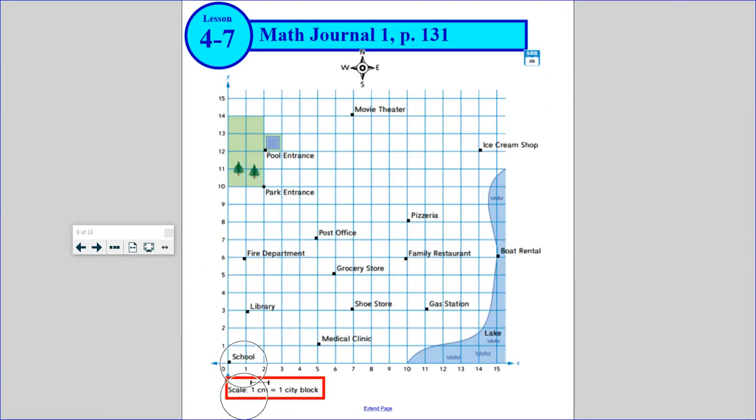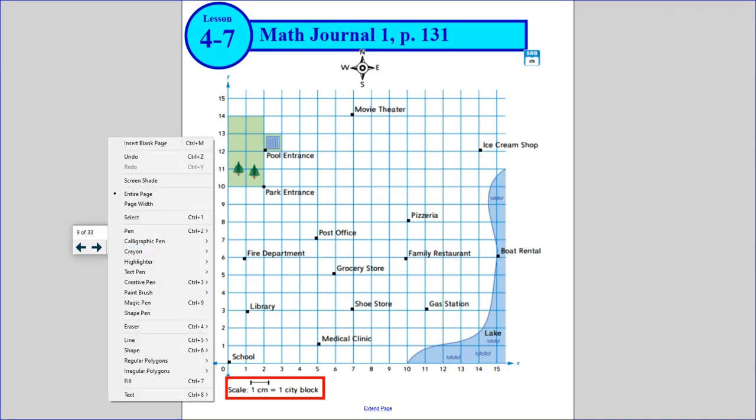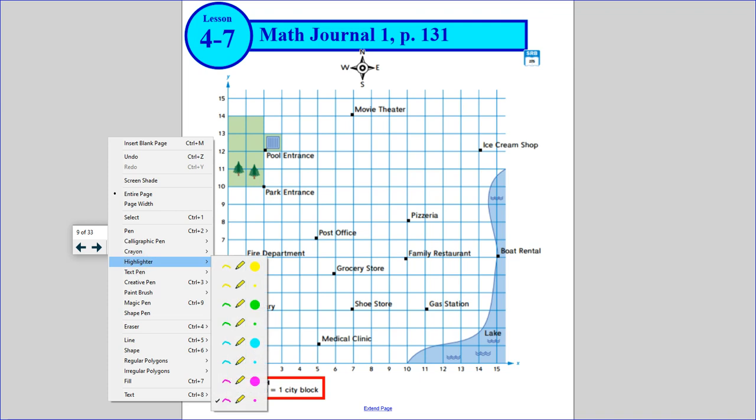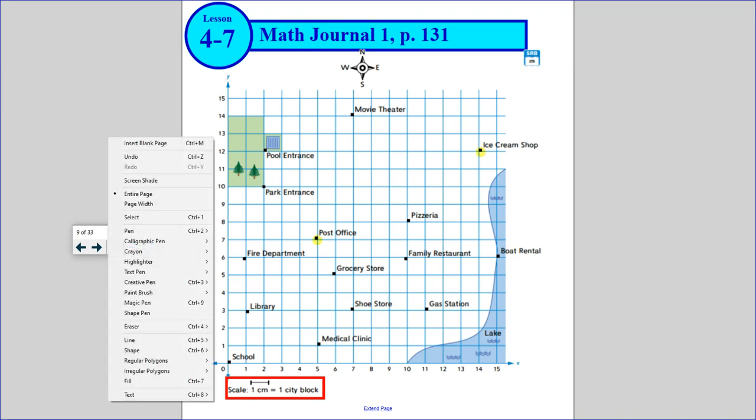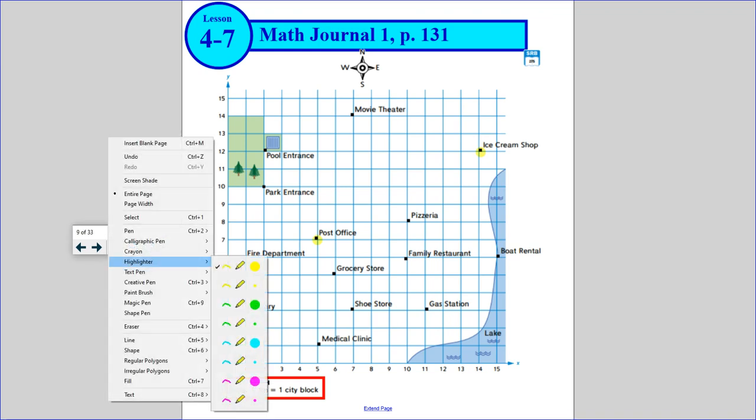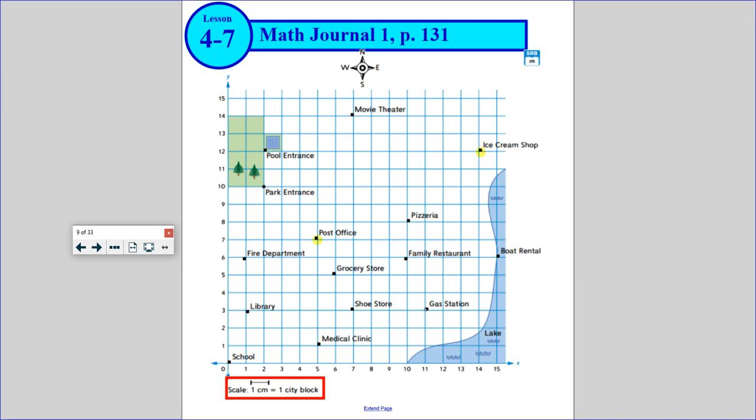Using this map here, you could find the distance between the post office and the ice cream shop. You could find the difference between the gas station and the park. Okay, so let's take a look at those two.